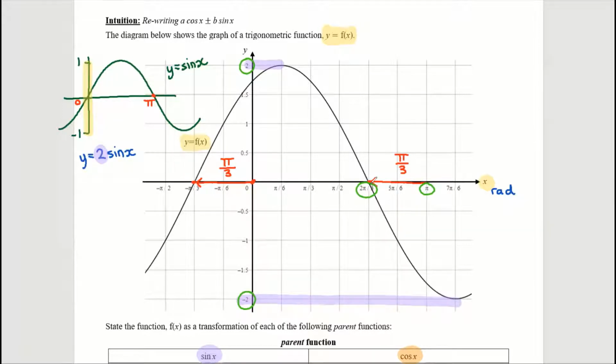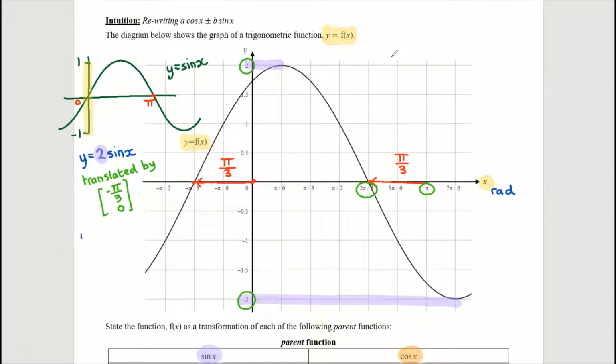So in other words, it's been translated by the vector, I can write it down as negative pi over 3 and 0 in the y direction. So how do we write that in the function? Well, it's inside opposite, isn't it? So inside opposite would suggest that I must add pi over 3 inside the function.